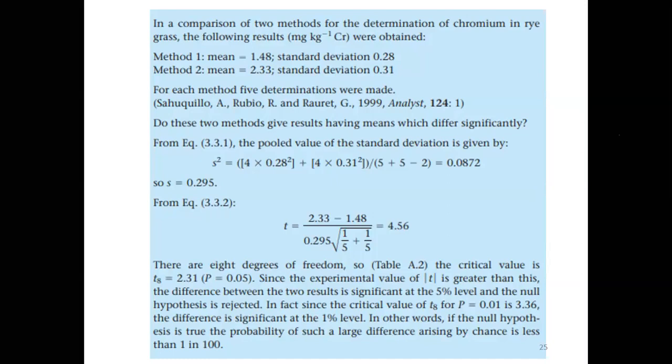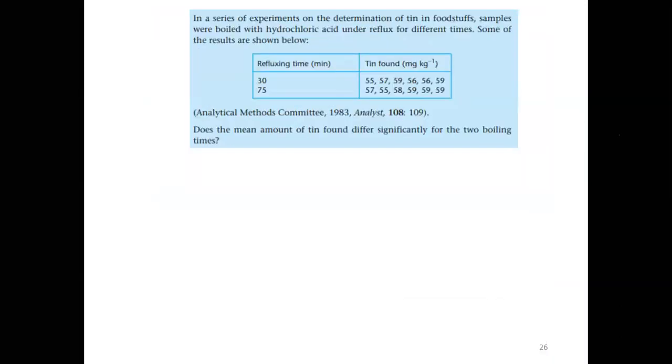How do we find the degrees of freedom here? N1 plus N2 minus 2. Each method has 5 determinations, so both N1 and N2 equal 5. Therefore, 5 plus 5, 10, minus 2 means 8. The degree of freedom is 8. Then we have to go to the t table.